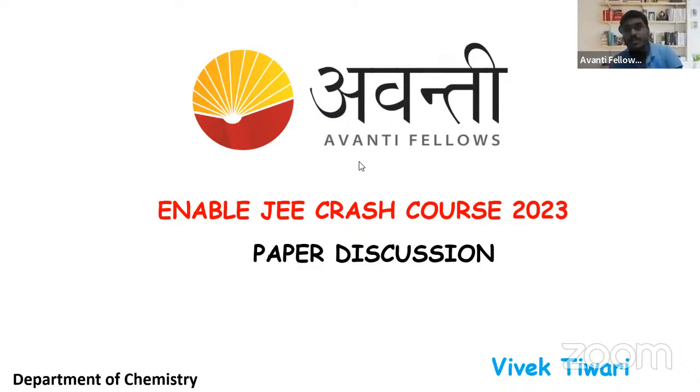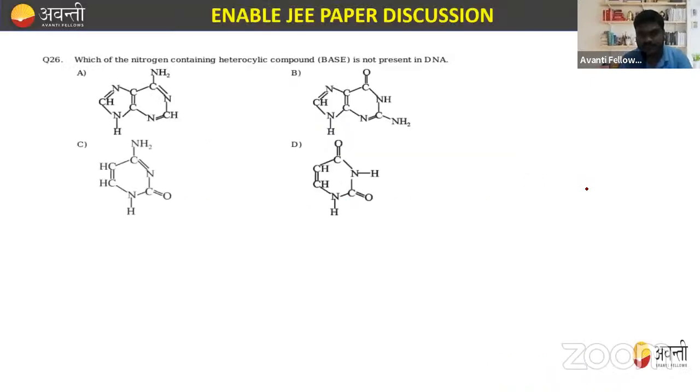I'm going to discuss all 25 questions that came in our morning exam. So let's start. The first question is: which of the nitrogen-containing heterocyclic compound bases is not present in DNA? It's a very simple, memory-based question.